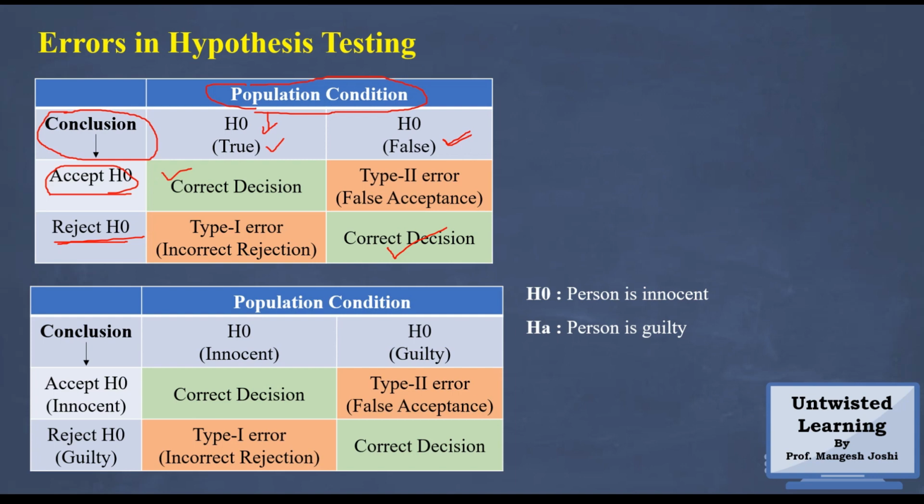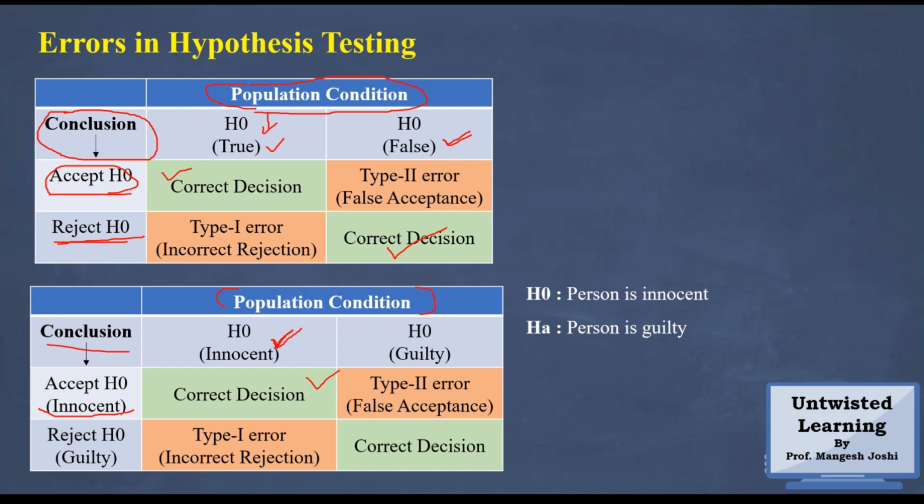Let us understand this with the help of an example. Suppose you are standing in the court and, as per the documentary evidence, the person is actually innocent. If the conclusion of the judges is he is innocent, it is a correct decision.